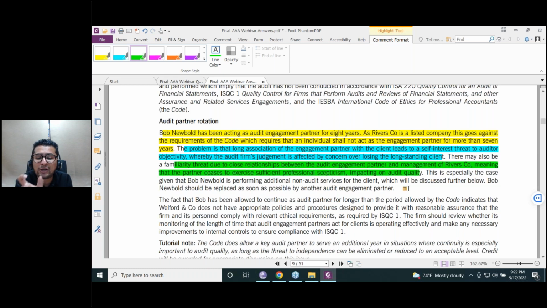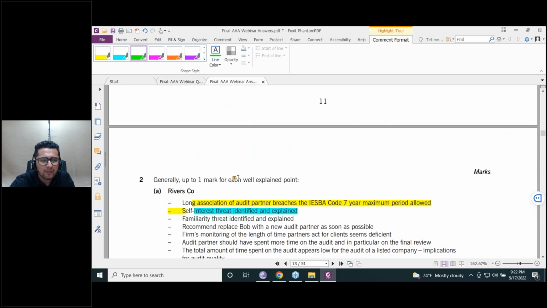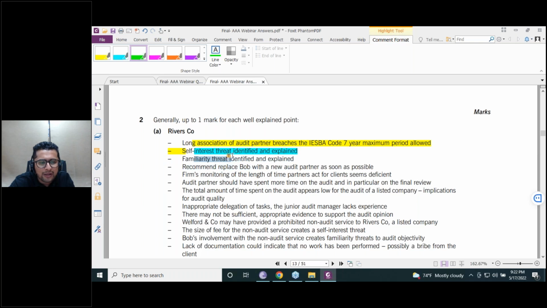An average student might not be able to write that it could also have an impact on quality, but an average student would be able to write that this also leads to familiarity threat because of the long association, long relationship, and as a result there is a huge possibility that the engagement partner has already lost professional skepticism. So this will give you another 1 mark. See, this is how we get 1 mark per point. Familiarity threat with respect to Bob, if you explain it, you are going to get another 1 mark.